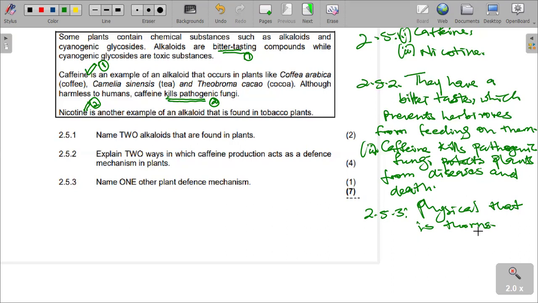The thorns prick animals when they want to feed on the vegetation. We can also have another plant defense mechanism, which is density or tiny leaves.